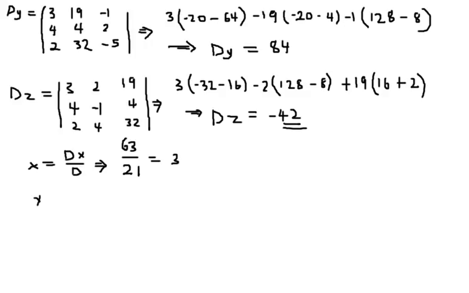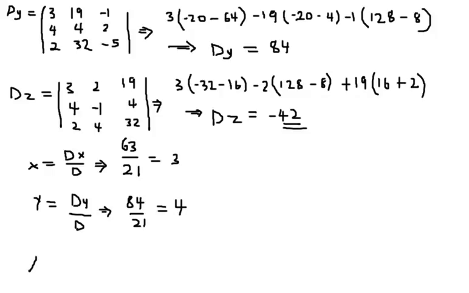So the value of y is now going to be dy over d, and our value for dy is 84. We have 84 over 21, which is equal to 4.